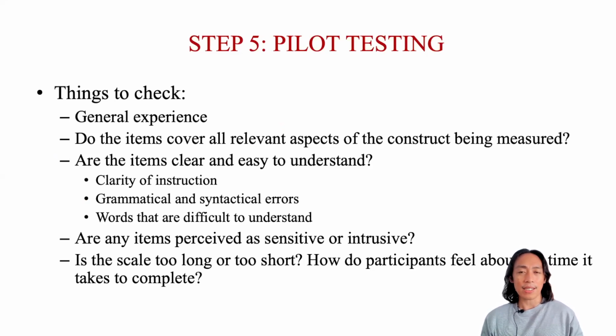Are there phrasings that are confusing? Are there words that are difficult to understand, which you can replace with a simpler word? Are there items that can be intrusive or sensitive or offensive to a specific group of people or to people in general? Is the scale too long or too short? How do participants feel about the time to complete the scale? So these are some of the things that you can ask or look into when you conduct the focus group discussion with the participants.